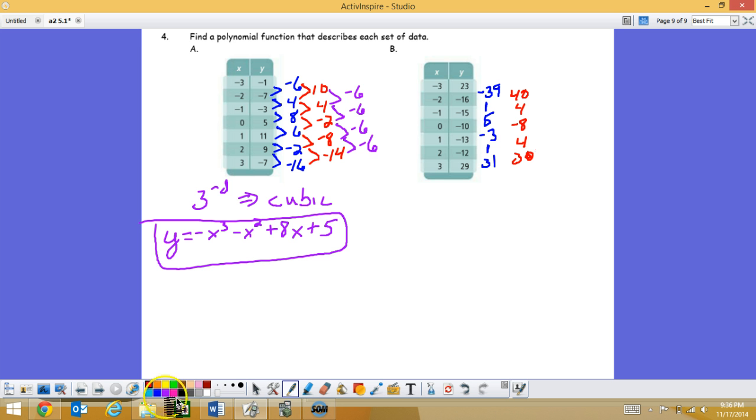So, on to our third set of differences. 4 minus 40 is -36. -8 minus 4 is -12. 4 minus -8 is +12, and 30 minus 4 is 26.